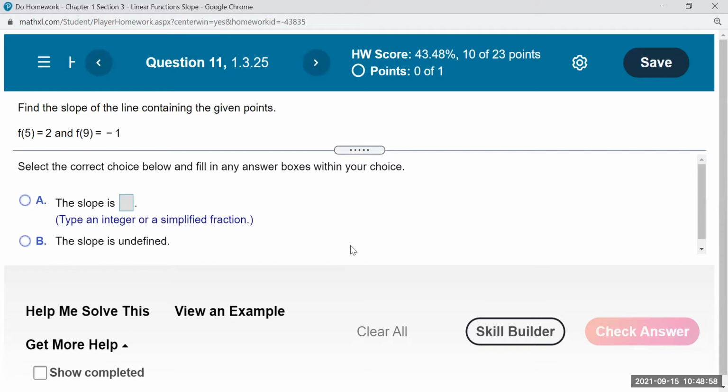f of 5 equals 2, and f of 9 equals negative 1.